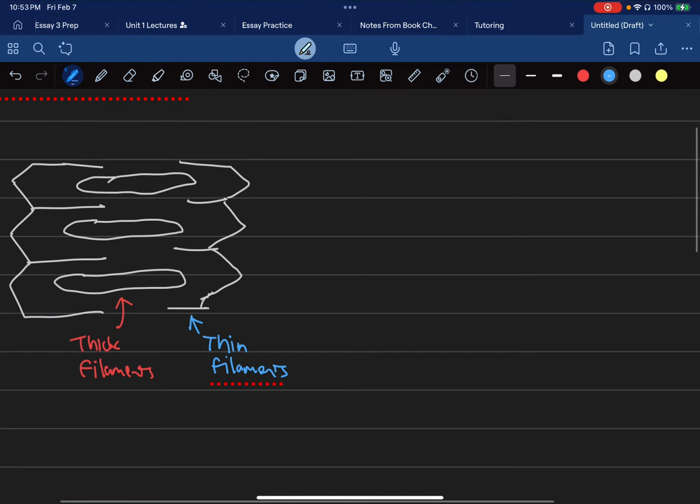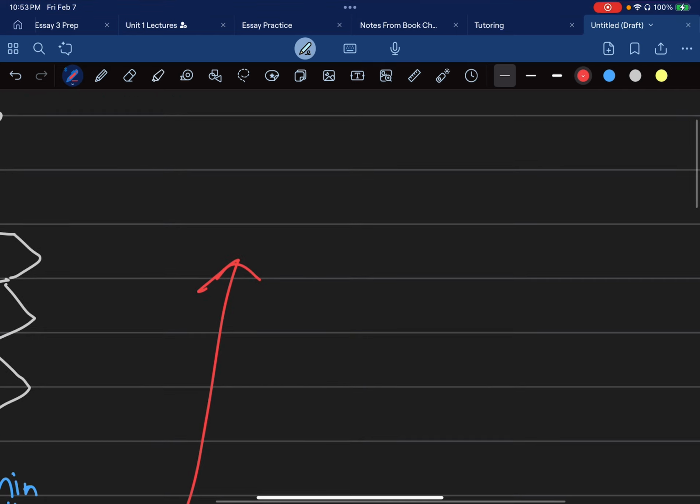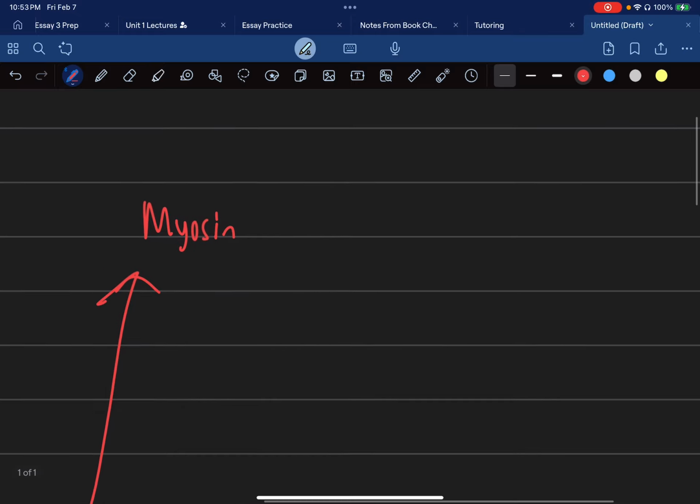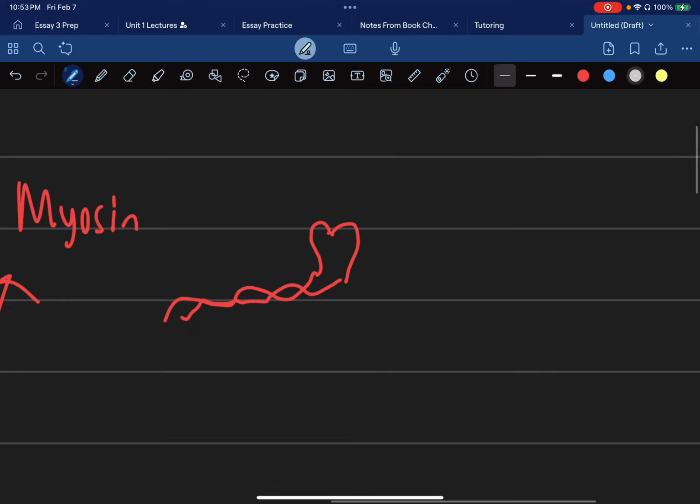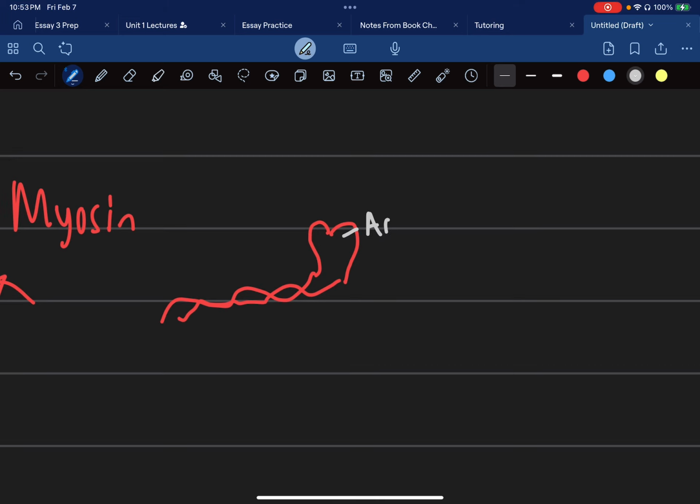And just to zoom in a little bit on what's going on in both of these, our thick filaments are made up of something we call myosin. Myosin has two heads like this, and it has two interweaving tails behind it. Up top, it's got two actin binding sites.